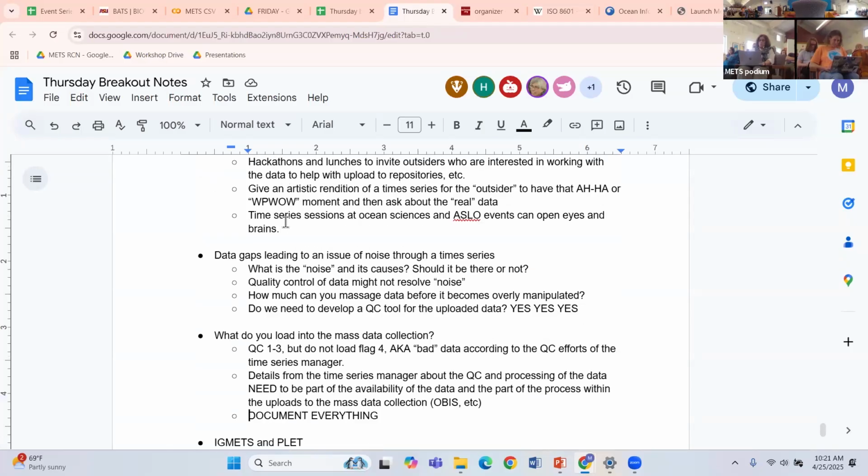We also talked about data gaps. Carla did that beautiful representation of art for her time series, and there were broken pieces in there where months were missing. Like with my work, we're trying to figure out how, if we don't get out on a ship, can we go with the gliders?